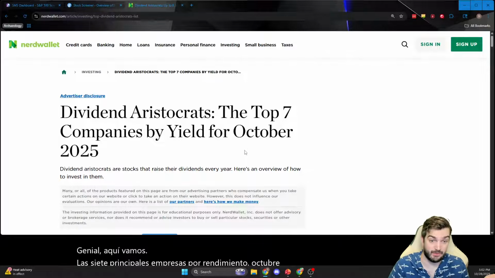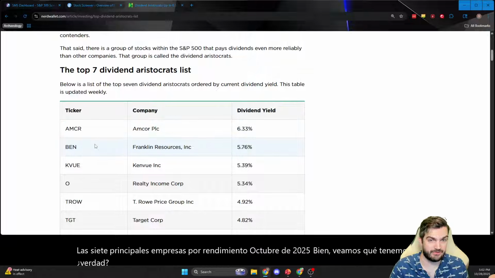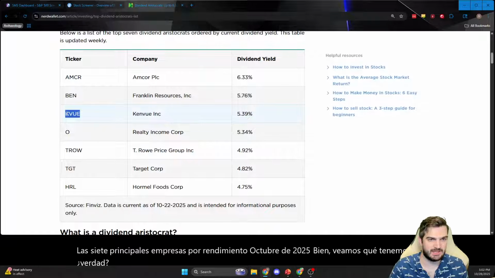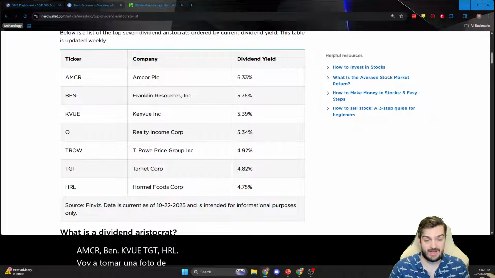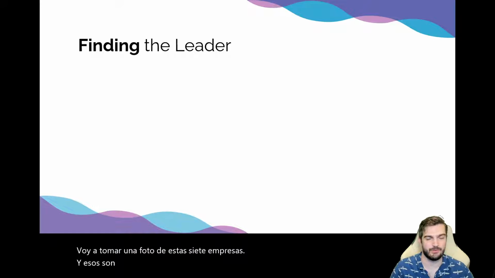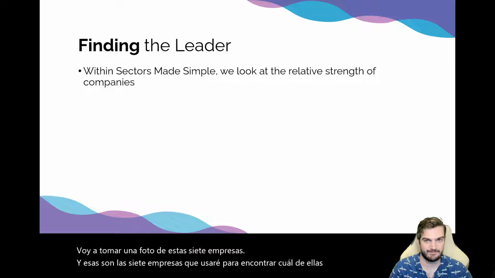Okay, let's see what we've got. AMCR, BEN, KVUE, O, PROW, TGT, HRL. 7 companies. I'm going to take a picture of these 7 companies, and that is the 7 companies that I will use to find which of them is the strongest right now.